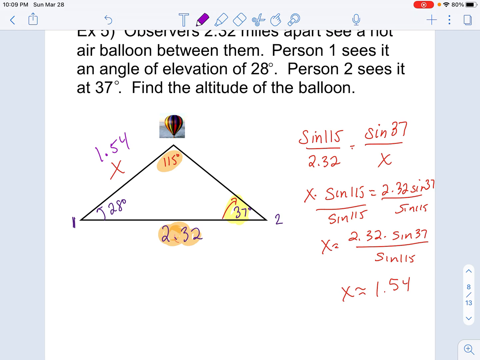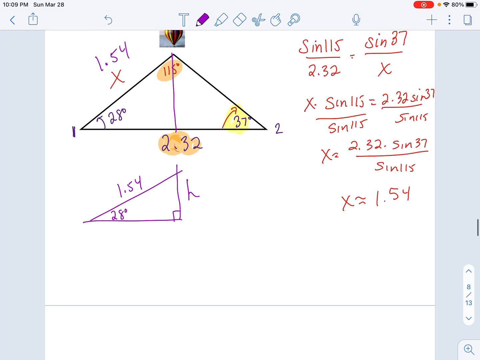Now I can go ahead and draw in the altitude. I'm going to take that triangle to the left, and I know this is 90 degrees, this is 28 degrees, this piece is 1.54, and I want to now find the height. Again, because it's a right triangle, I can use SOHCAHTOA, only if it's a right triangle. I'm looking for the opposite side, and this is the hypotenuse, so I'm going to use sine.